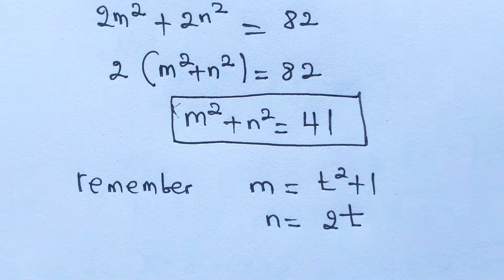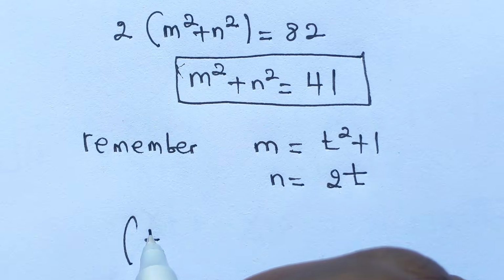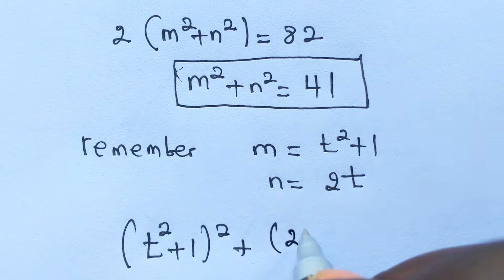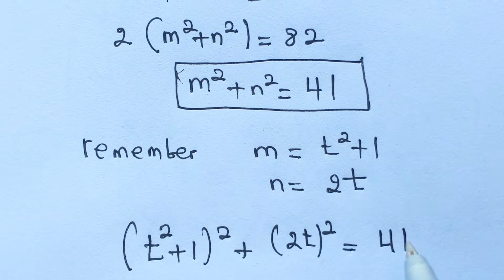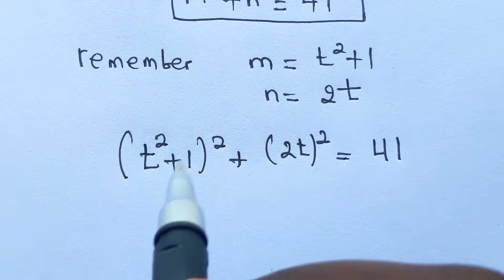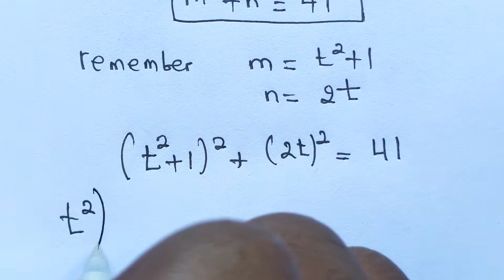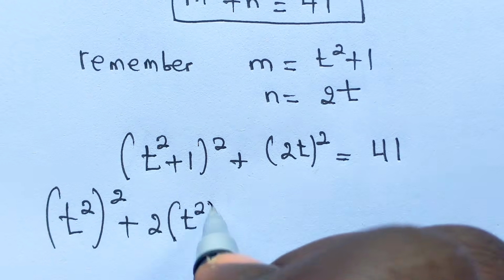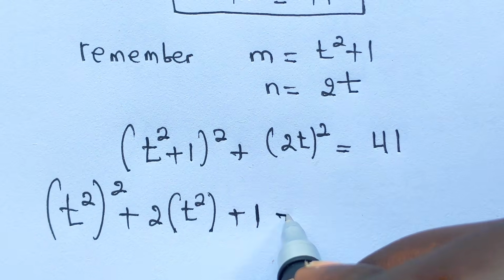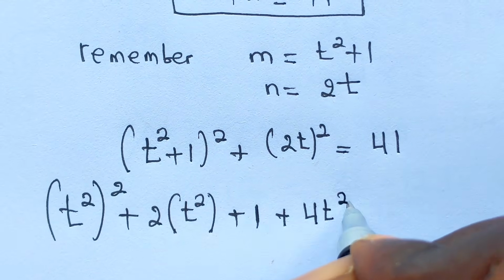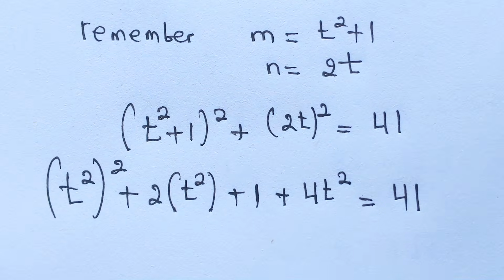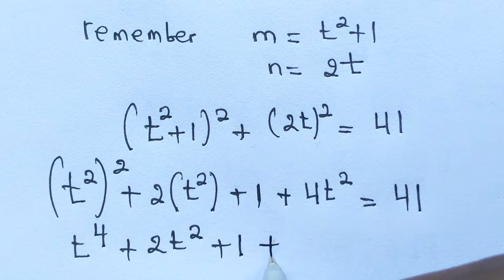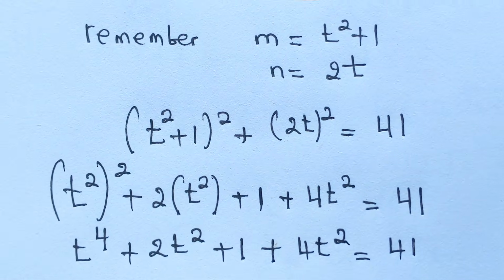We replace them in the equation to get (t squared + 1) squared plus (2t) squared equals 41. Expanding (t squared + 1) squared gives t to the power 4 plus 2t squared plus 1, plus 4t squared, which is equal to 41.